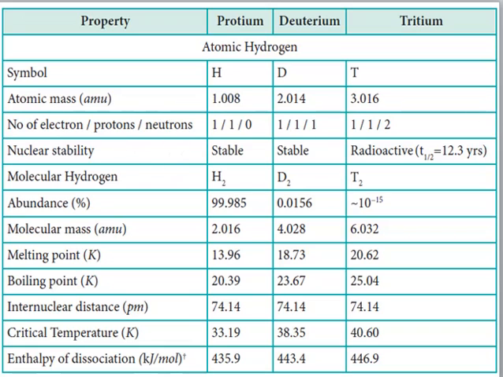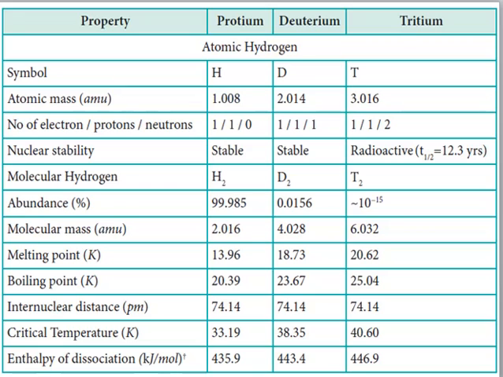The electron, proton, neutron ratio: protium has 1 electron, 1 proton, no neutron. Deuterium has 1, 1, 1. Tritium has 1 proton, 1 electron and 2 neutrons. Protium and deuterium are stable, whereas tritium is radioactive with a half-life of 12.3 years.